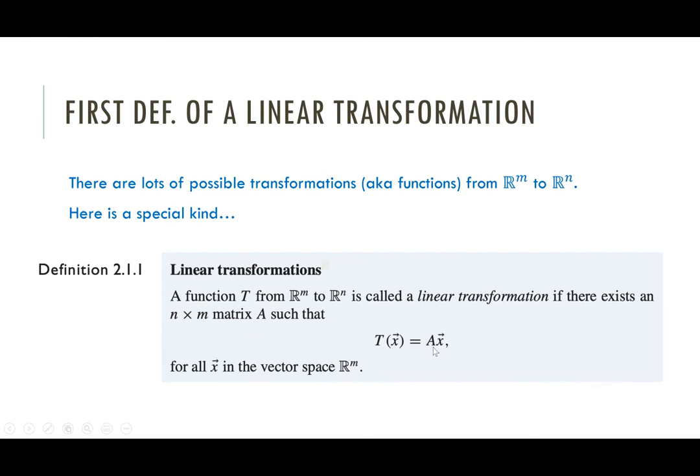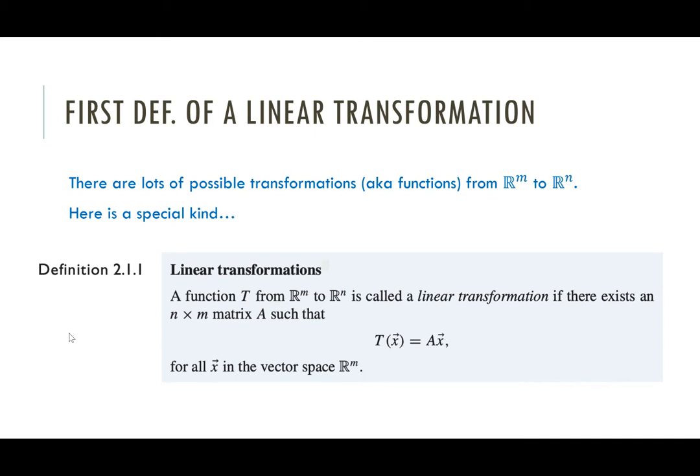And this matrix A doesn't change depending on the vector. So it's a linear transformation if, for any vector you plug in, the transformation does the same thing as if you multiplied that vector by A. Okay, so that's a definition.